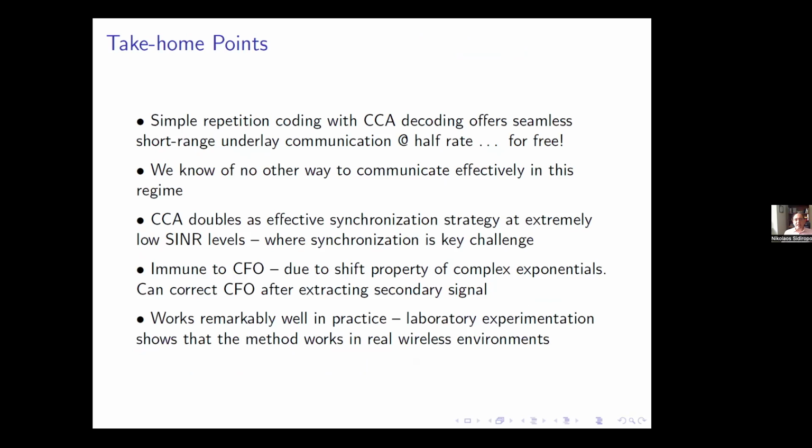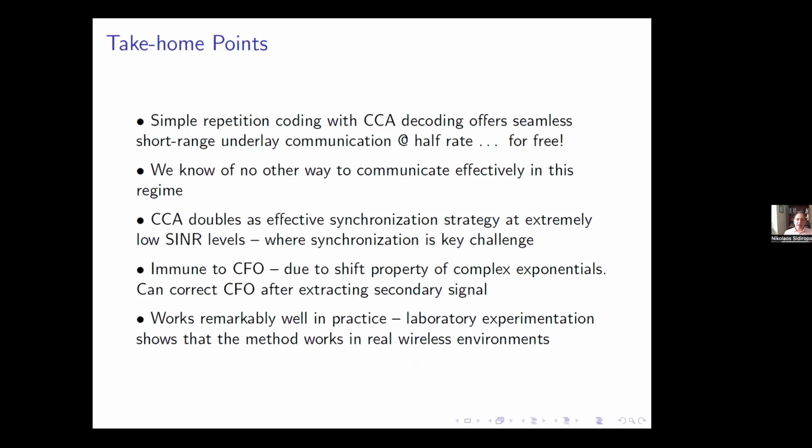So let me summarize the take-home points. Simple repetition coding with appropriate processing at the receiver, canonical correlation analysis for subspace intersection, offers seamless short-range reuse of the channel at half rate because of the repetition, for free. And we know no other way of communicating in this regime effectively.